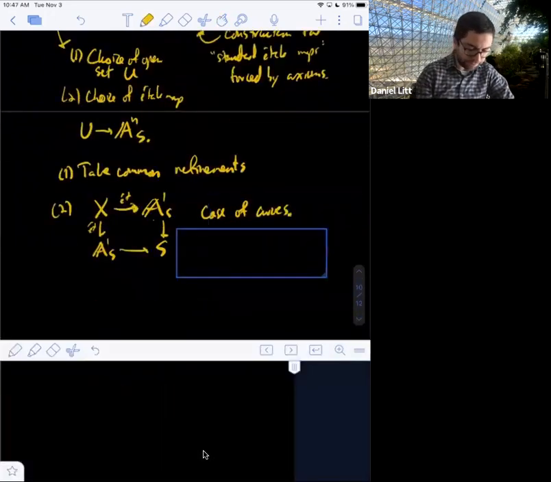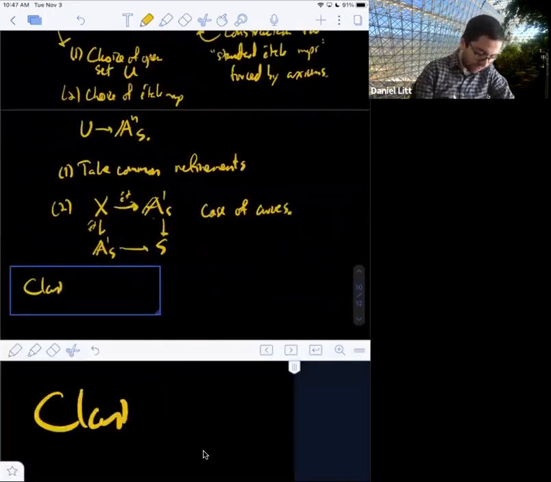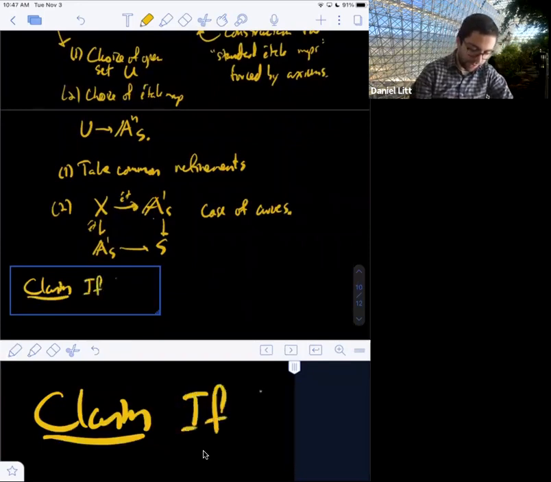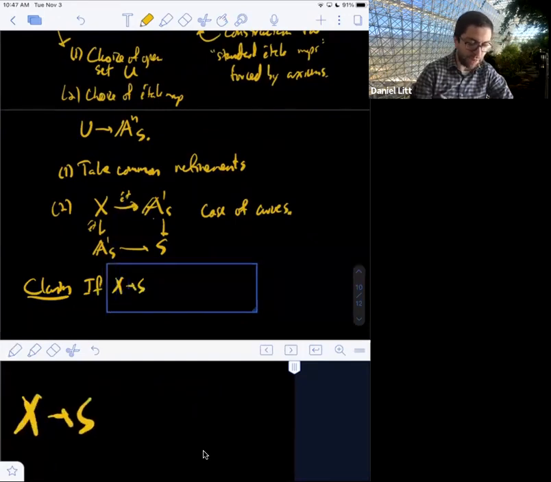And now the last claim involved in the trace map is this: we've constructed this map in general, right?